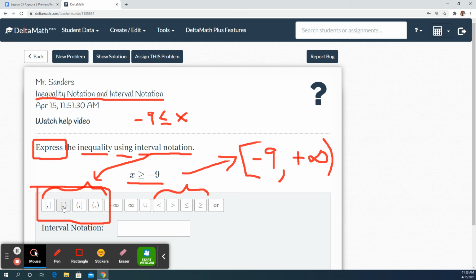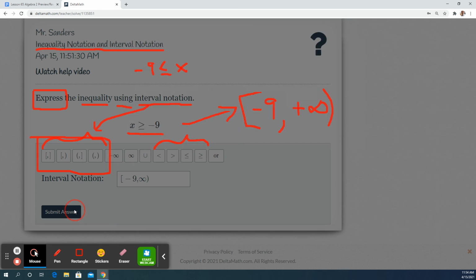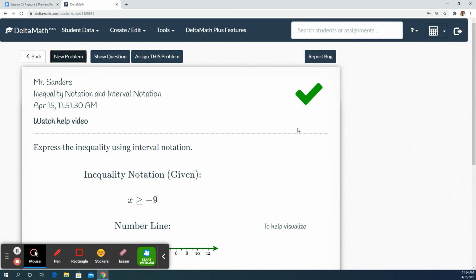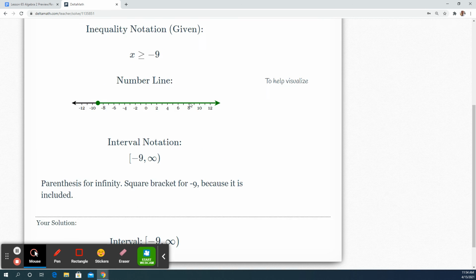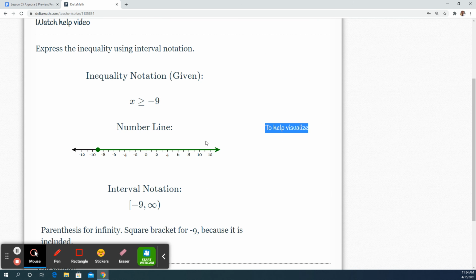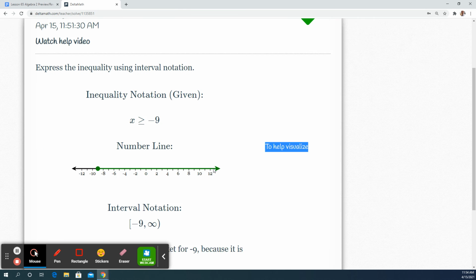So that would be a bracket and a parenthesis. -9 is where we start, and infinity on the positive is where we go to. All right. And then it's giving us a number line also. If you need it to help you visualize it, do the number line too.